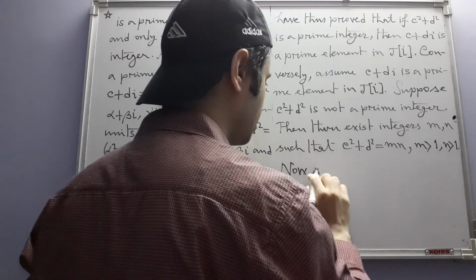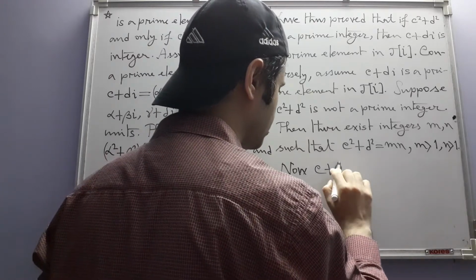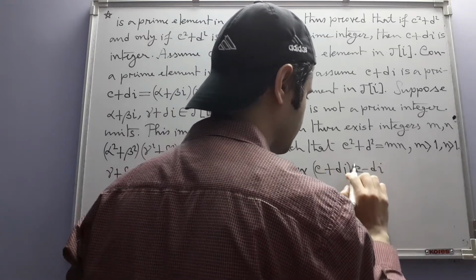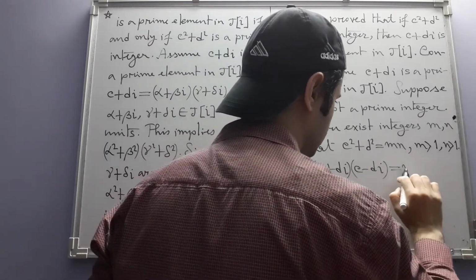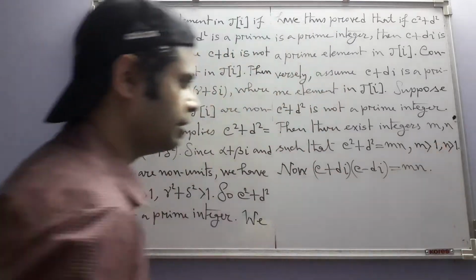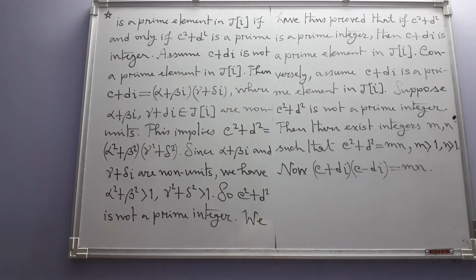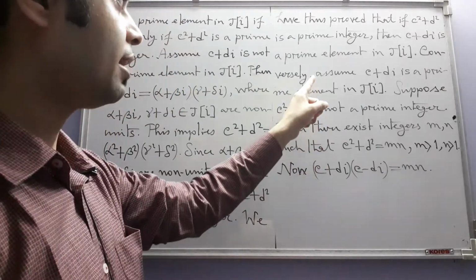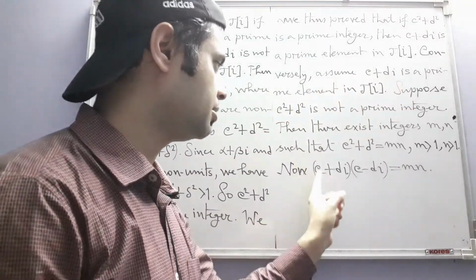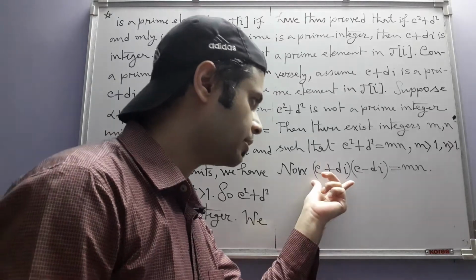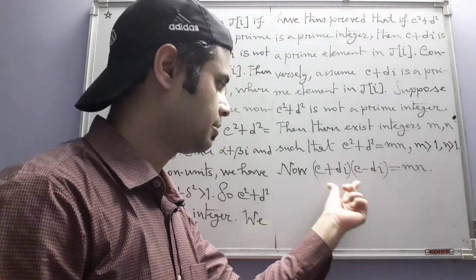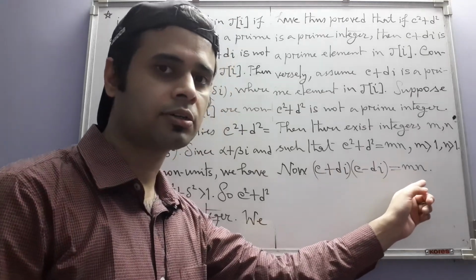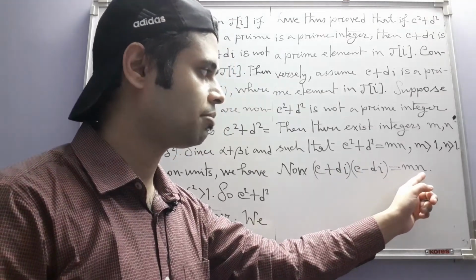Now C square plus D square can be written like this: C plus di times C minus di. So this is equal to mn. Now note that we have assumed C plus di to be a prime element, and this equation is telling us that C plus di is dividing the product of two integers m and n.